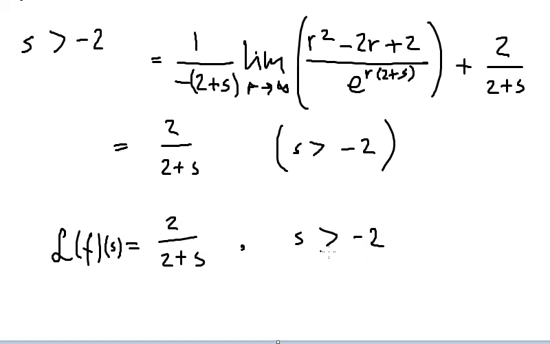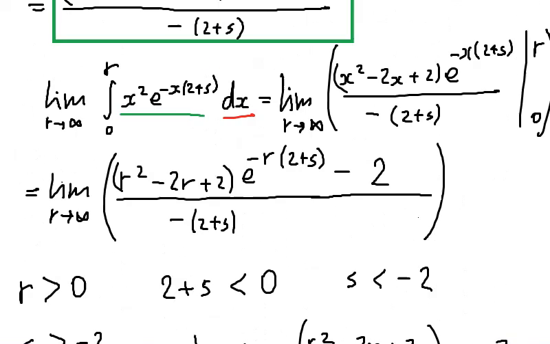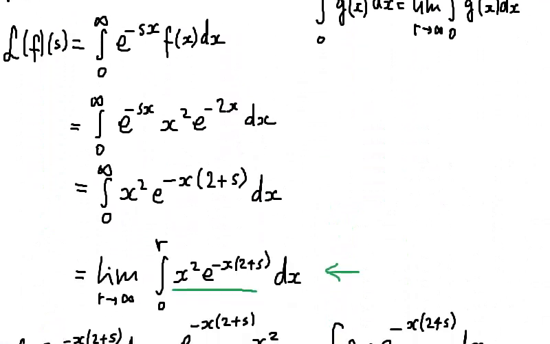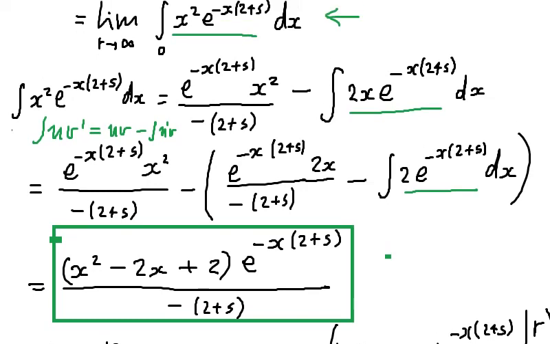We reach the end. So you can see here that the main step, well, of course, the first fundamental step is applying the definition of Laplace transform, and then the second step is integration by parts.